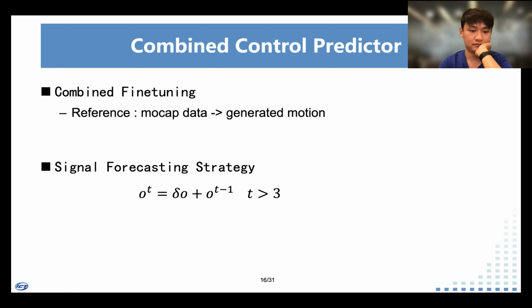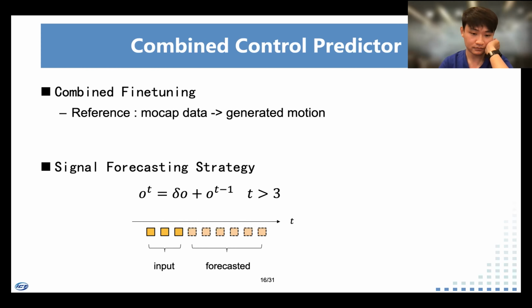To prepare for unpredictable movement from users, a little delay in the tracking is allowed. When every 3 frames of tracker input are received, a signal force-cutting strategy is involved to predict 6 future frames of the input. The full-body pose predictor then takes these extended tracker inputs and predicts a short motion clip of 9 frames recursively.